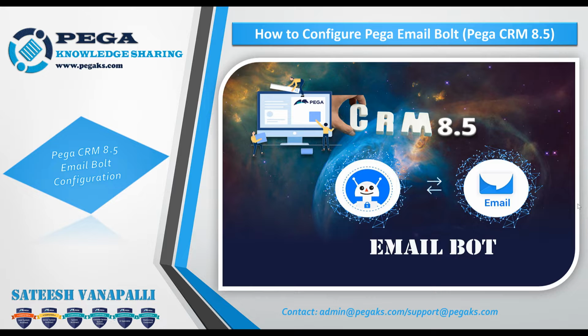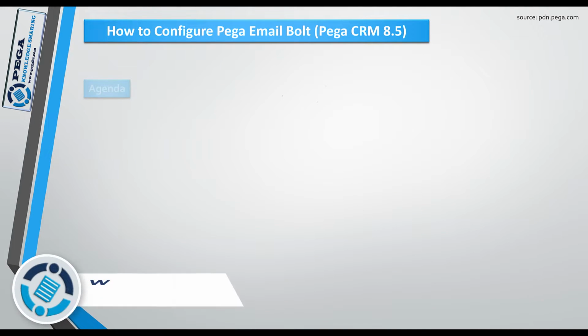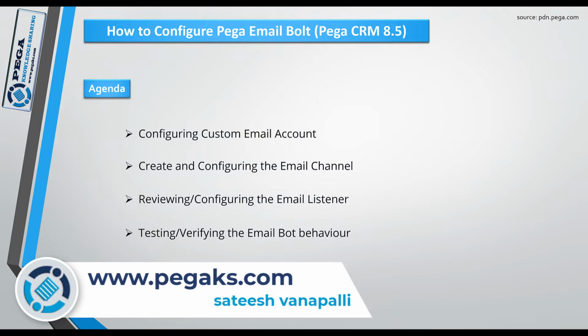In today's topic, we are going to discuss how to create or configure a Pega email bot in a Pega CRM application 8.5 version. Let's get started. So here is the agenda. First we will discuss configuring a custom email account. Here is the prerequisite.